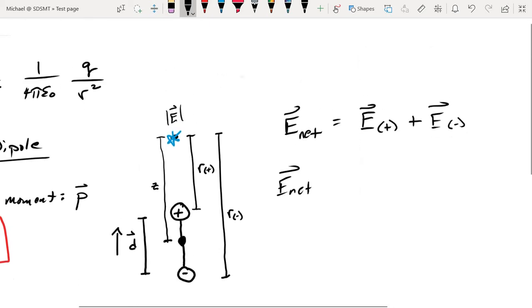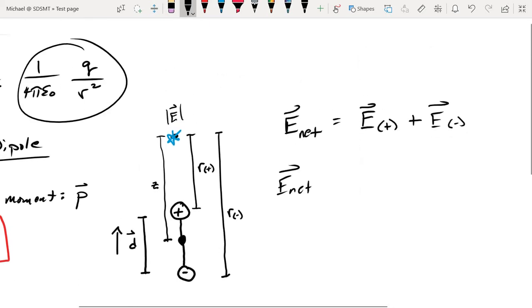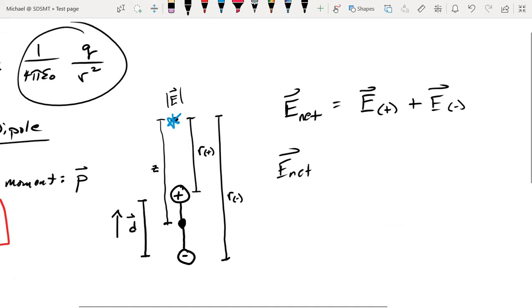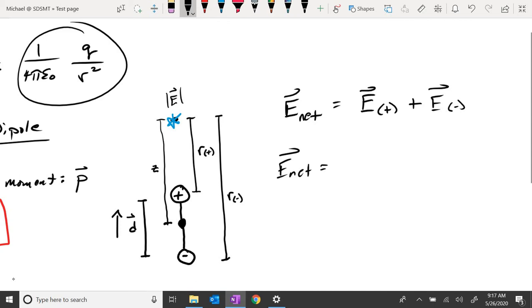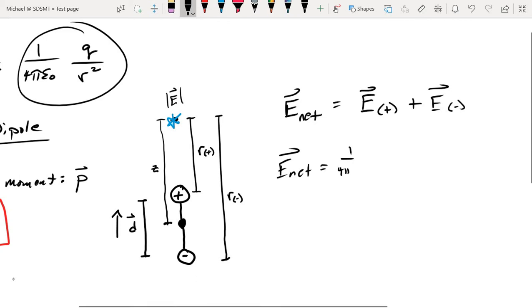So next I will incorporate the point charge expression for each charge. For the positive charge, we have K, positive Q over the positive R value squared, so the distance that the positive charge is from the point where we're measuring.